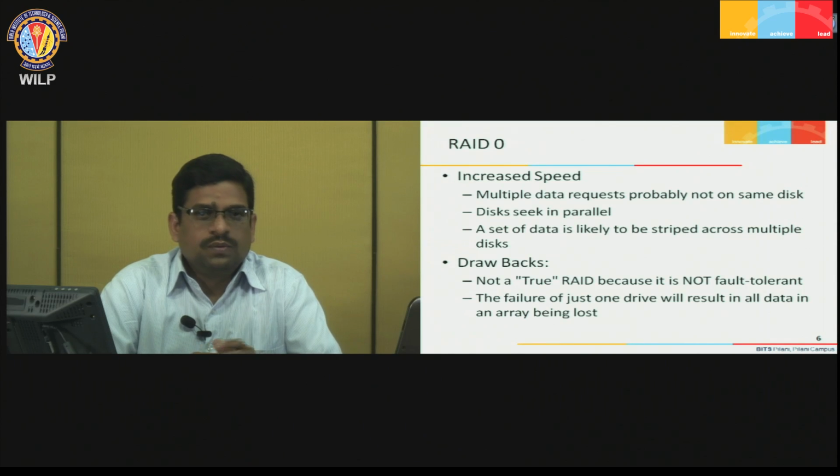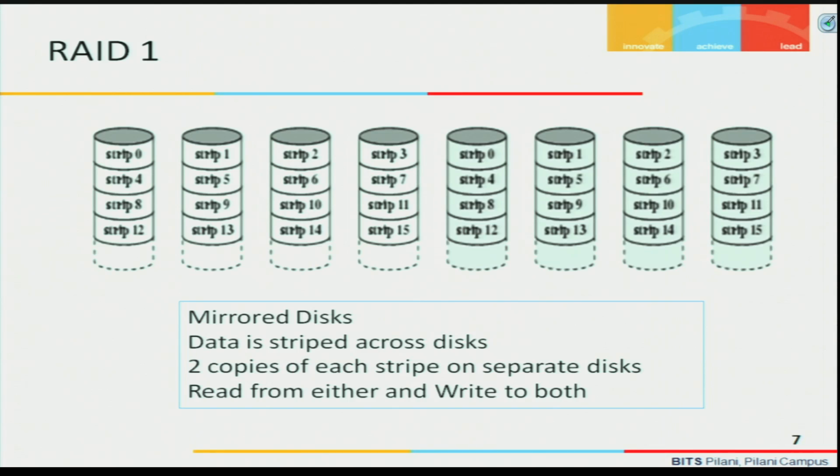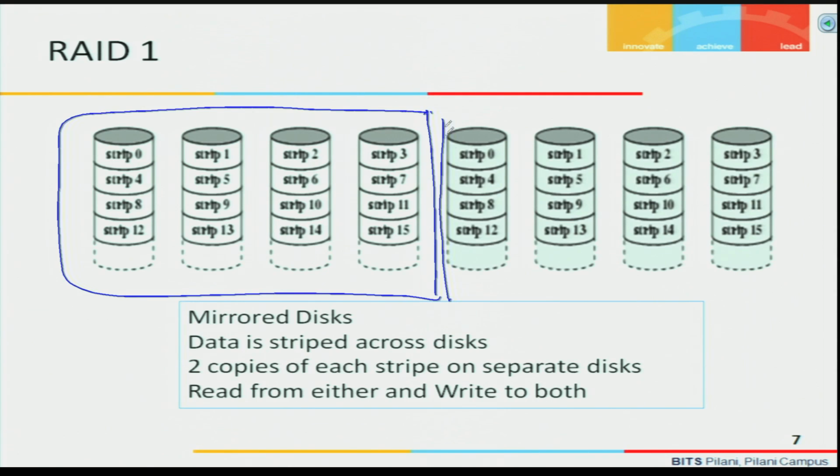Now, how to provide redundancy so that fault tolerance can be provided? For this, RAID 1 was developed. In RAID 1 you can see there are 2 groups of disks. This is one group of disks and this is another group of disks.